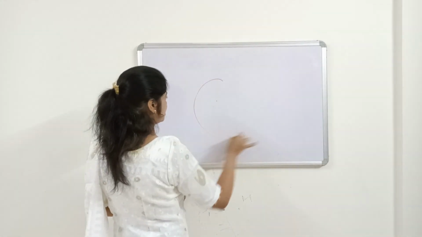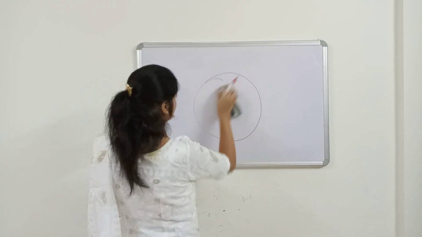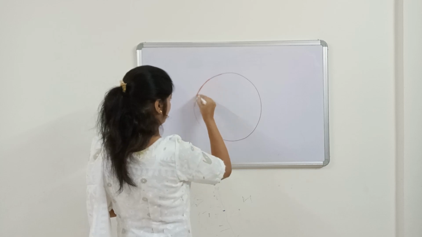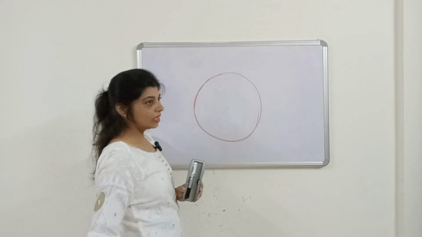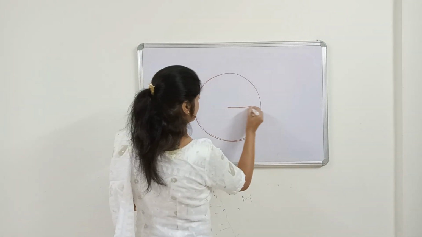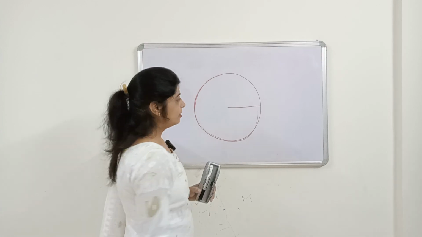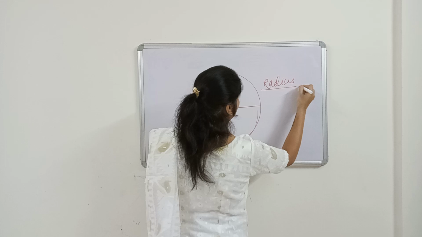Suppose this is my center and this is one of the circles. Now this distance is known as the radius, R-A-D-I-U-S.